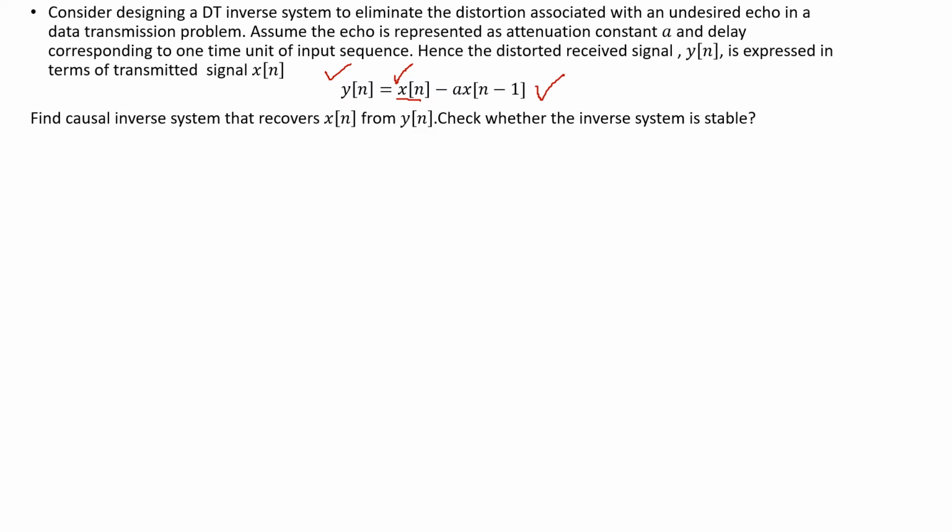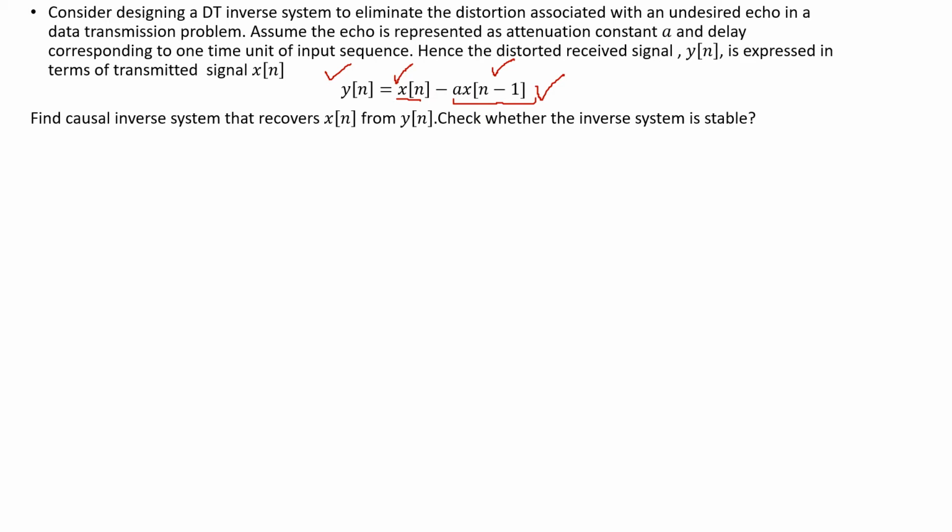If you recall, it was a two path communication channel where the input signal x of n was received directly, whereas its delayed and attenuated version is received after it collided with a building and was reflected.